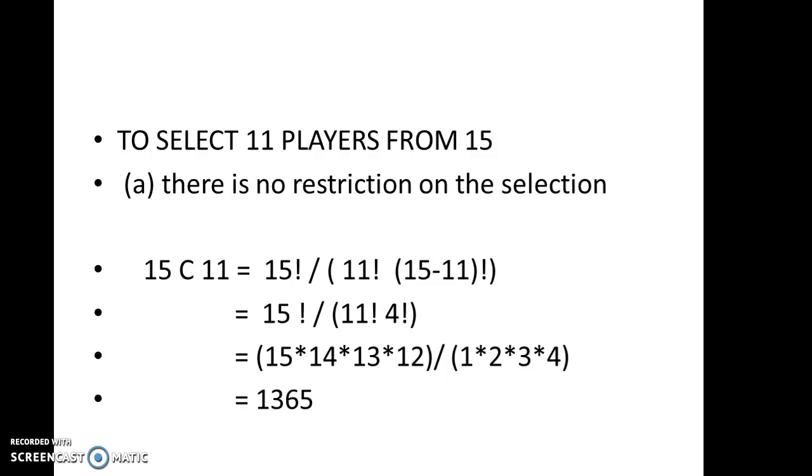Here the least is 4 factorial, isn't it? So up to 11 it is automatically cleared. By applying the shorter method, you keep it like this: 15 into 14 into 13 into 12 in the numerator, and in the denominator you keep 1 into 2 into 3 into 4. So the final answer is 1365 combinations.